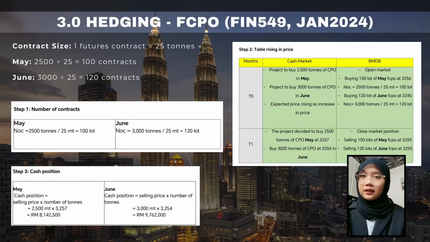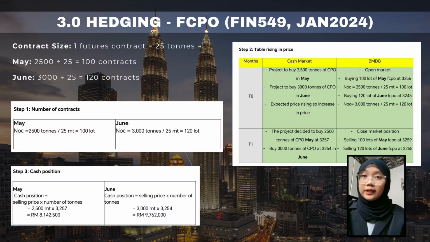He ends up buying physical CPO at RM 3,257 in May and RM 3,254 in June. At the same time, his futures positions moved to a higher price of RM 3,259 for May and RM 3,255 for June.